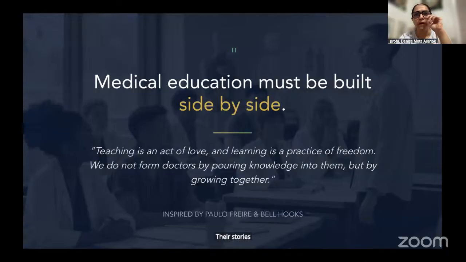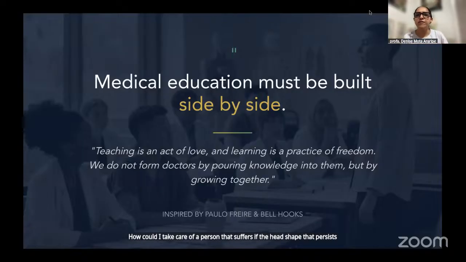Every day, patients will come to us with symptoms, but those symptoms are not in our textbooks. How could I take care of a person who suffers from a headache that persists despite a CT scan showing nothing, fatigue that no blood test can explain, chronic pain that migrates? We are trained to find pathology.